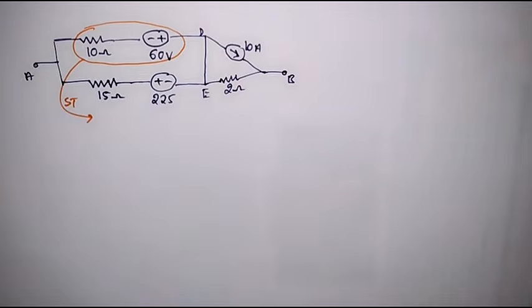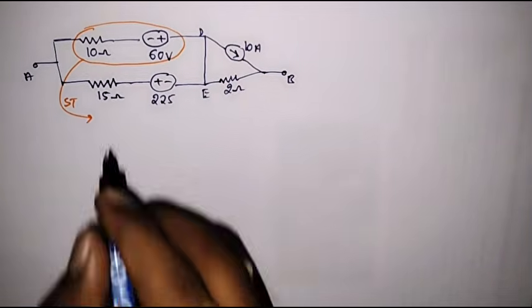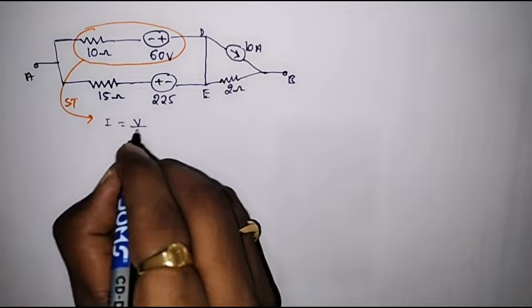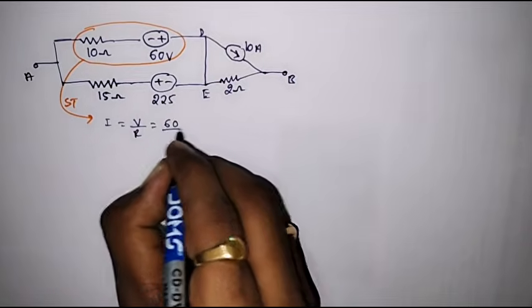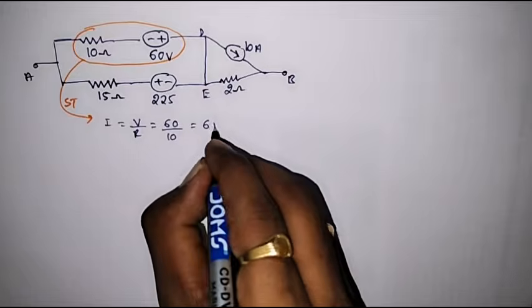Source transformation, that is I is equal to V by R, which is 60 by 10 is equal to 6 amp.